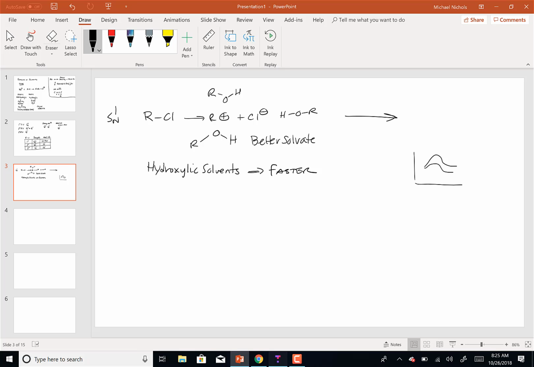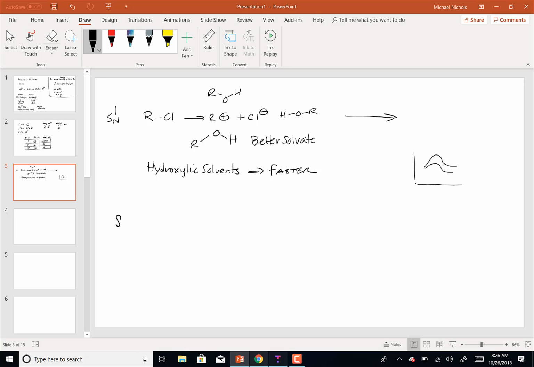And it's not that the non-hydroxylic solvents don't solvate it well, but they don't solvate it as well as the hydroxylic ones. Does that make sense to everybody?